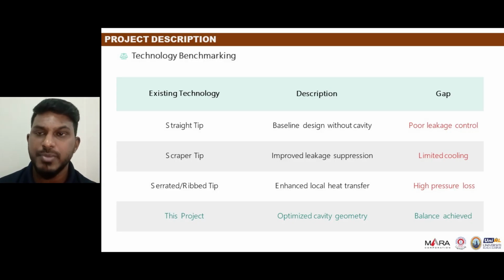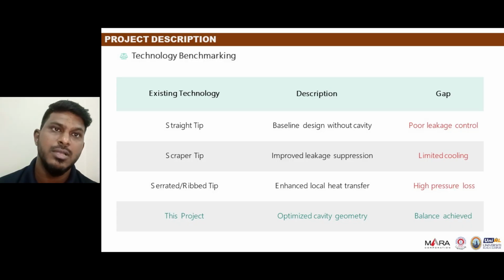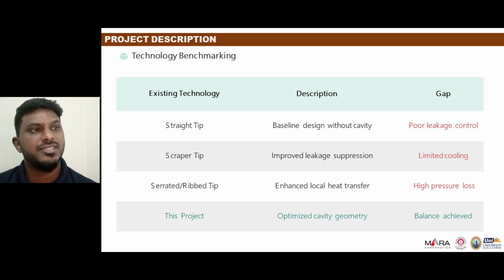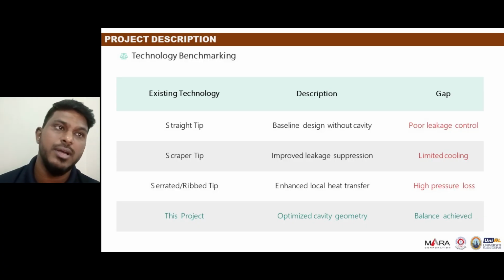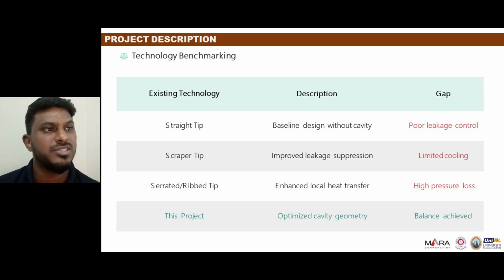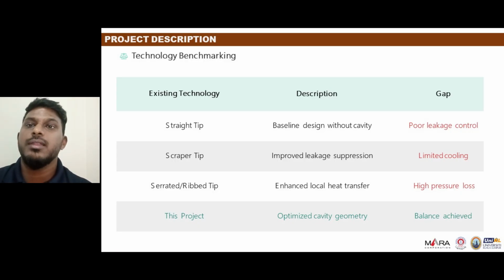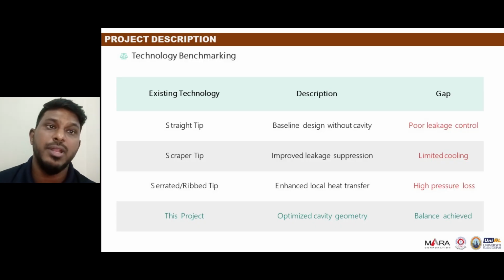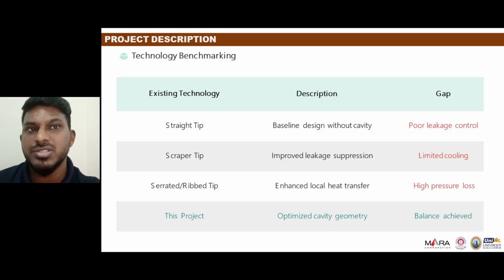Using design of experiments, we run selected CFD, computational fluid dynamics, simulations to explore how these parameters influence performance. The computational cost of running full CFD simulations on every design iteration would be prohibitive. Therefore, we build surrogate models, statistical approximations that predict cooling efficiency and aerodynamic loss based on geometric parameters, allowing rapid evaluation of many design variations.